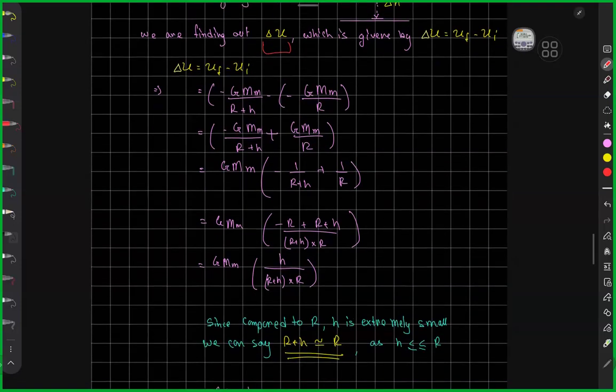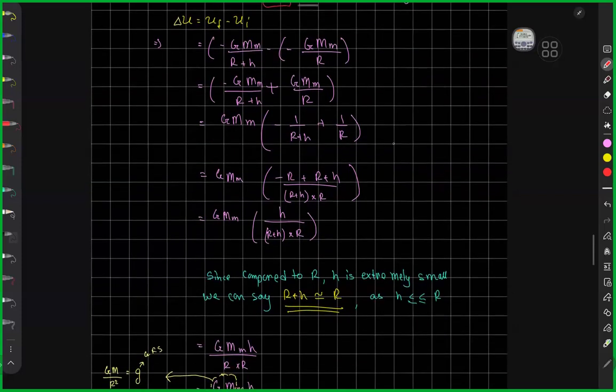Now, can I just take the constants outside the bracket? Let's make our life a bit simple. As I take the GMm outside the bracket, I'm left with minus 1 by (R plus h) plus 1 by R. Fair enough. Can I do a bit of LCM over here? Yes, we can.